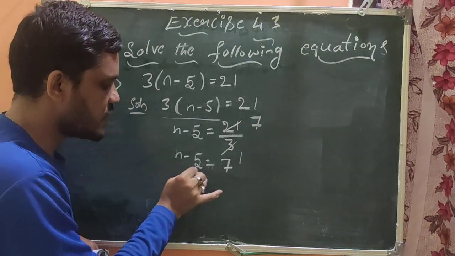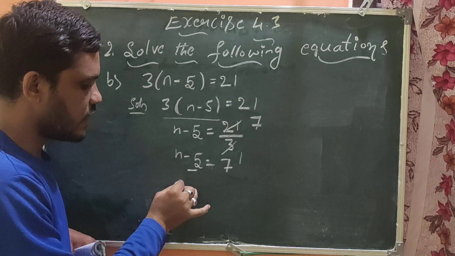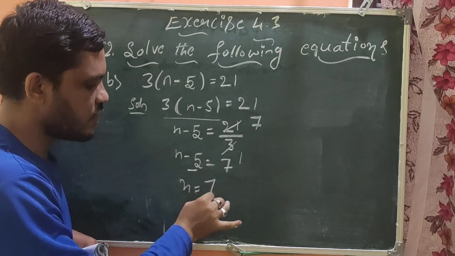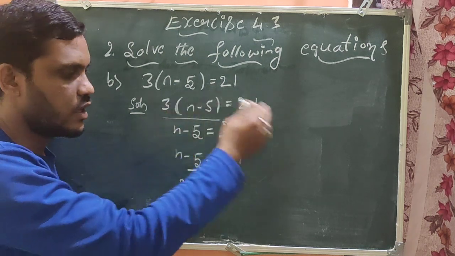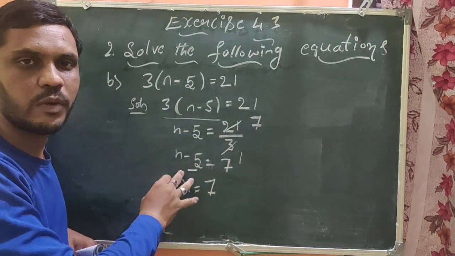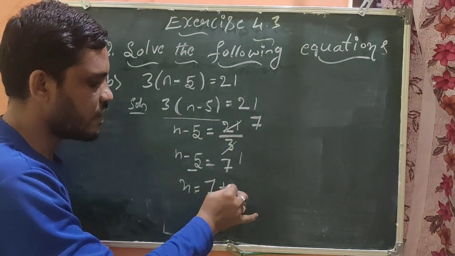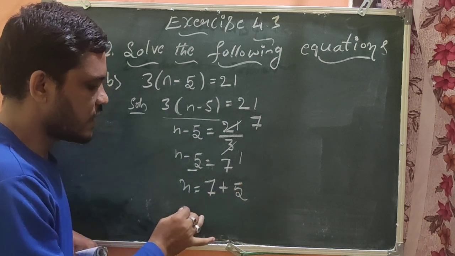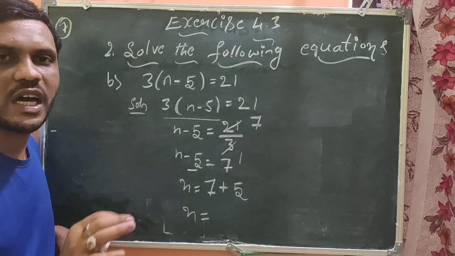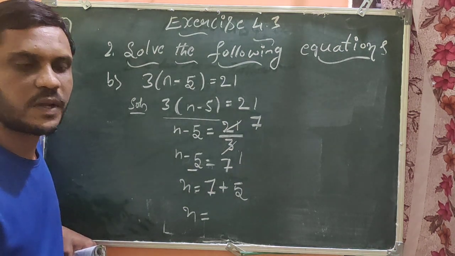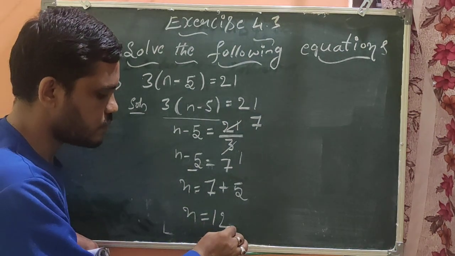Next we have to shift this minus 5, then n is equal to 7 plus 5. This minus 5, if you shift from LHS side to the RHS side, becomes plus 5. That is n is equal to 7 plus 5, which is 12.